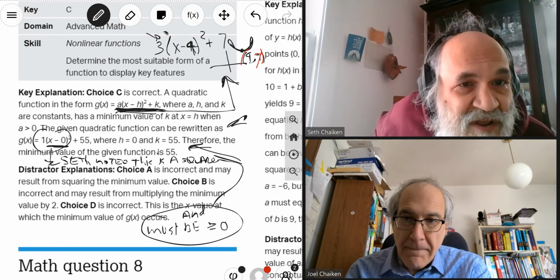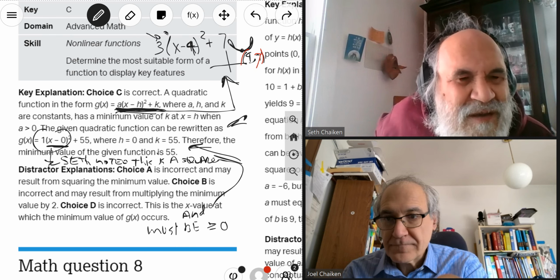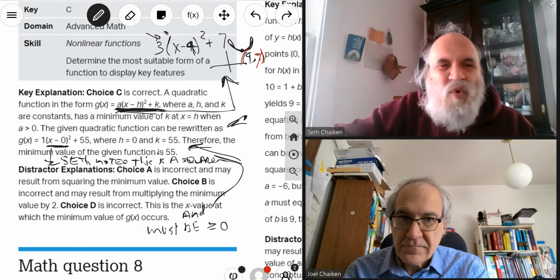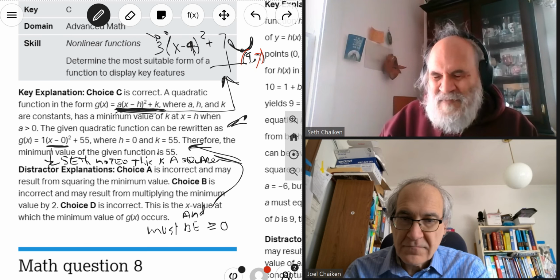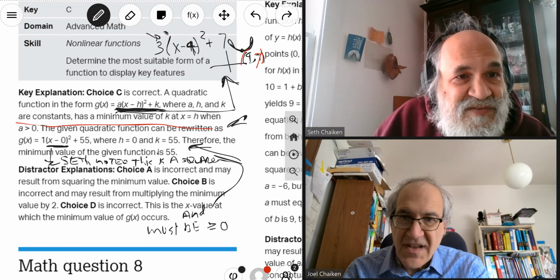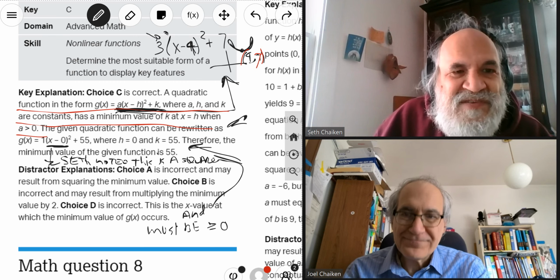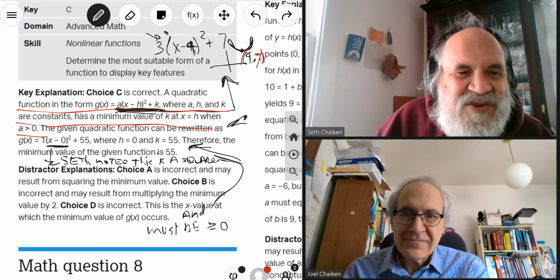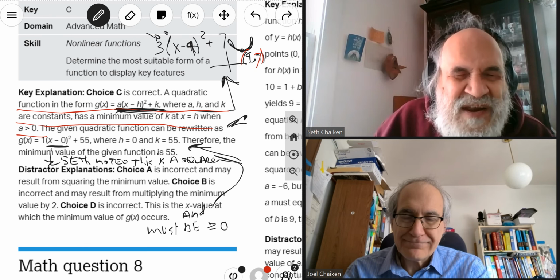The thing is, they do not explain why their explanation is true. They simply said it has the minimum value at x equals h when a is greater than 0.